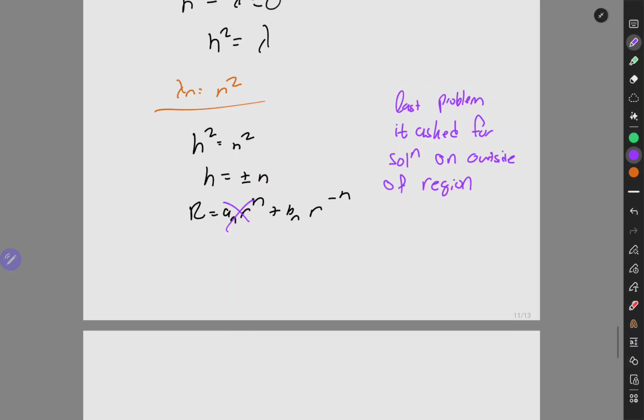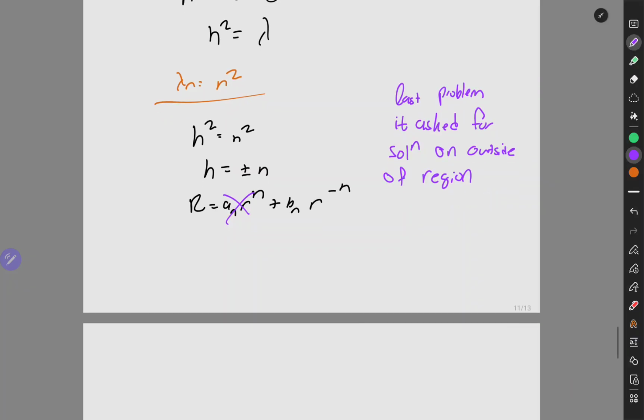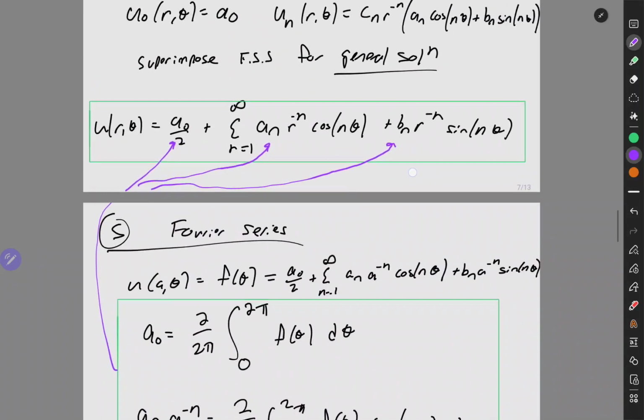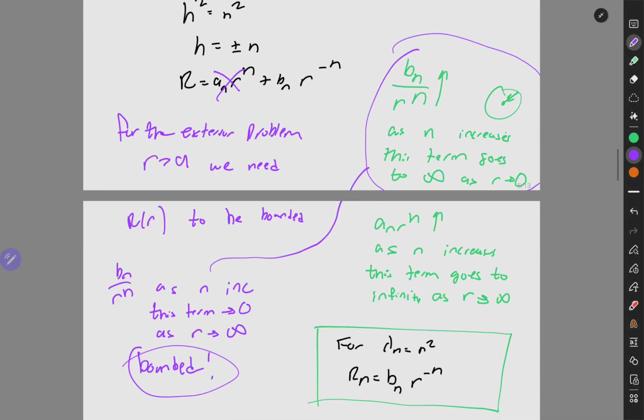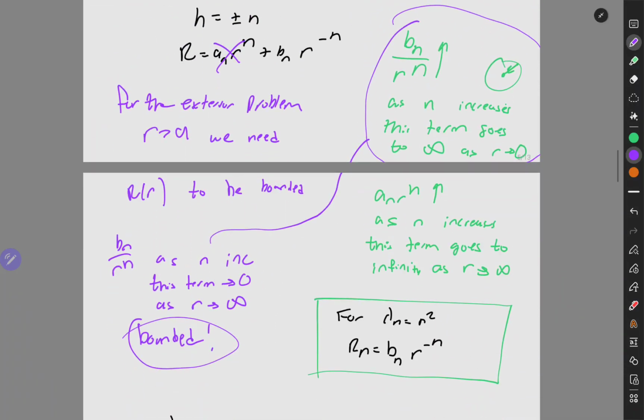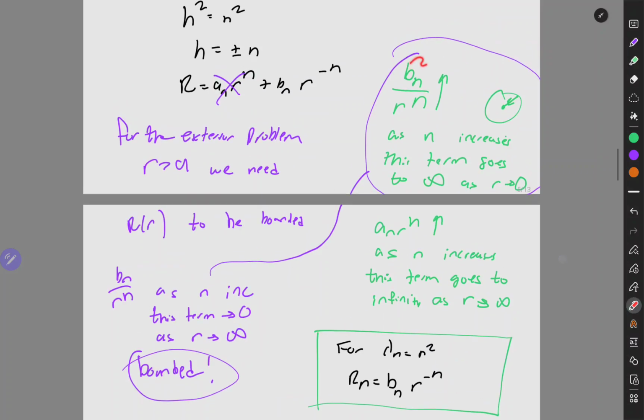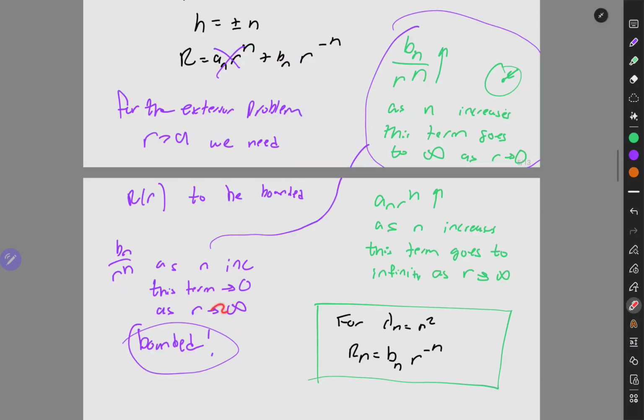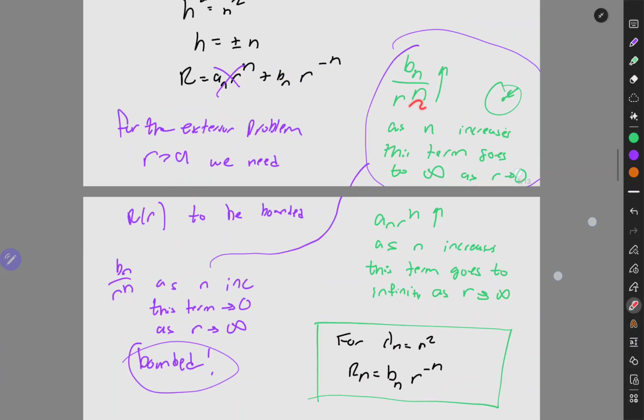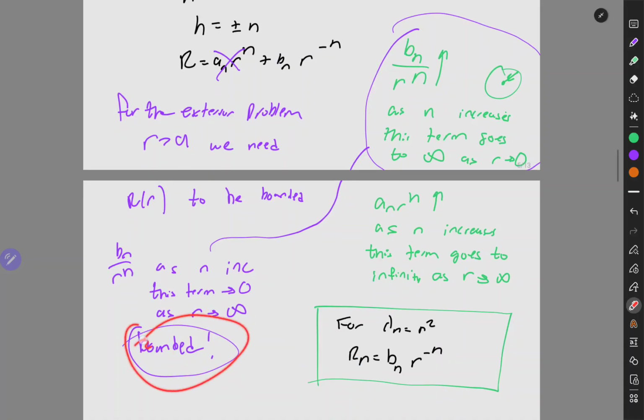And in that case, what we wanted was a bounded value as r went to infinity. So if we look back up here at our work, for this term right here, as r went to infinity, this whole term approaches 0, which is a definite value, so it's bounded.